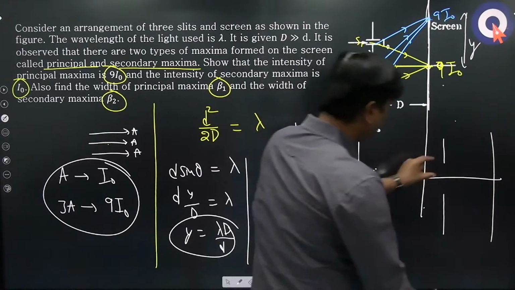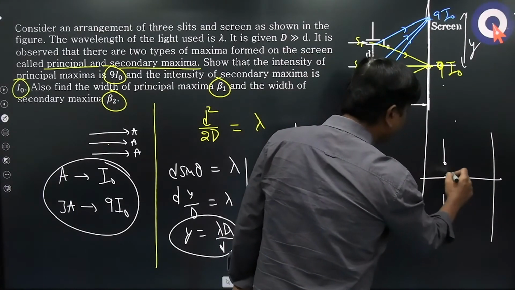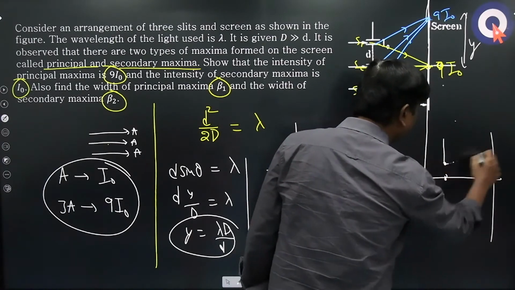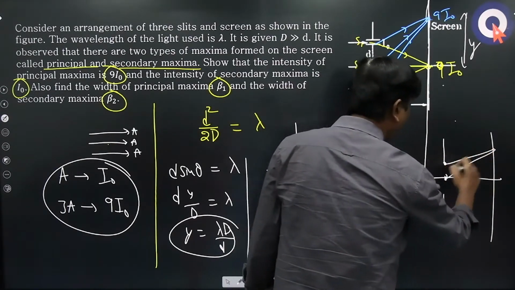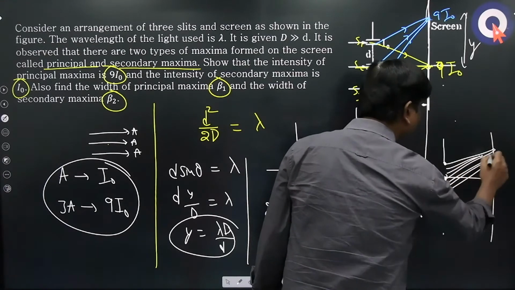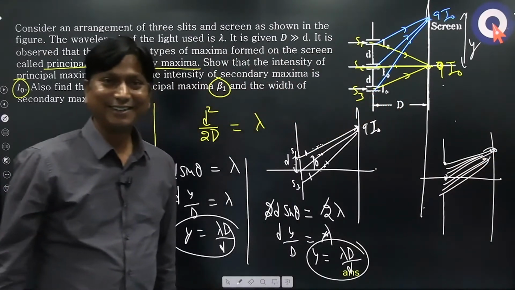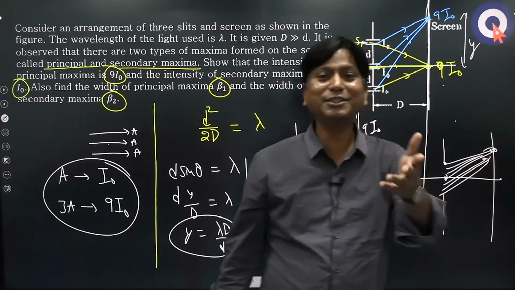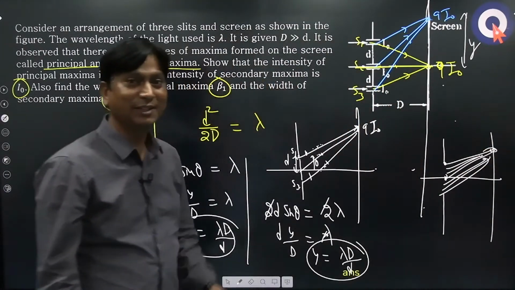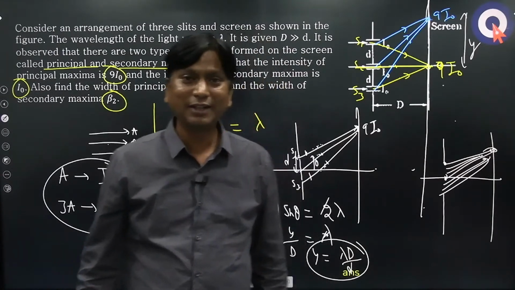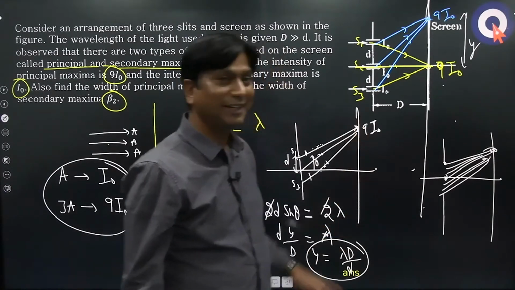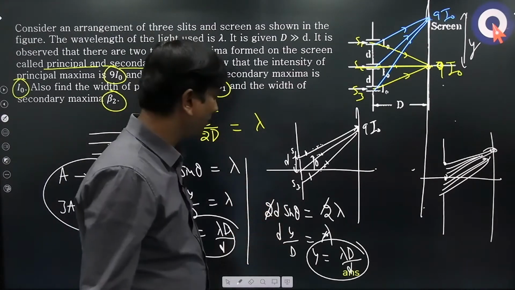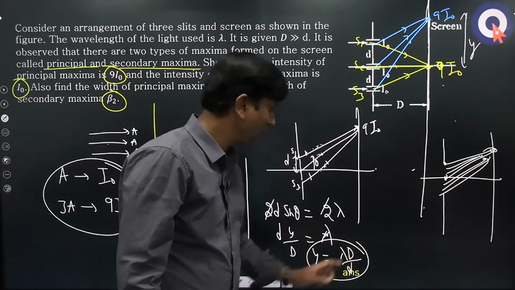So if these two here and here, first one and first one, form minima, all these will form minimas with all these. So totally you will get a minima. Right or not? So that time I have used a by 2 into sine theta is equal to minima condition, which is lambda by 2. Assuming slit is dividing into 2 equal half. Correct or not? Same method will take it here also. Right? Okay. So width of the principal maximum will be lambda capital D by small d.